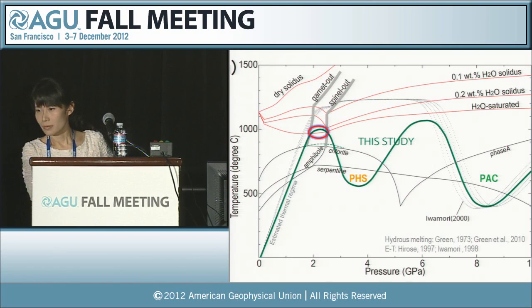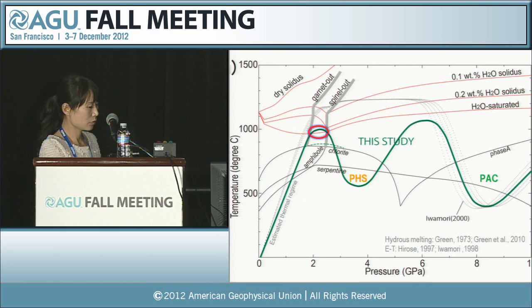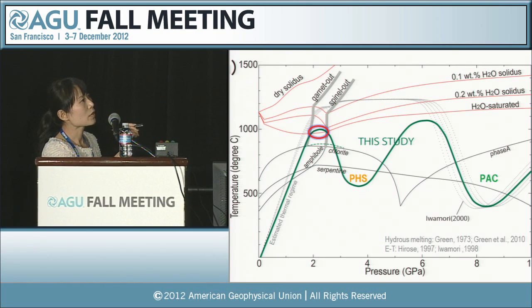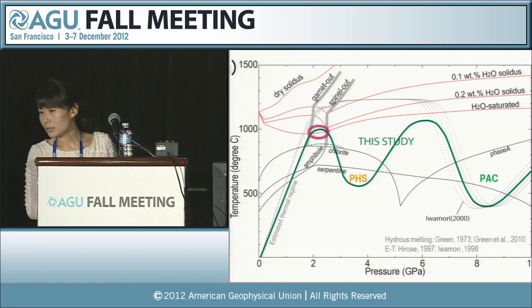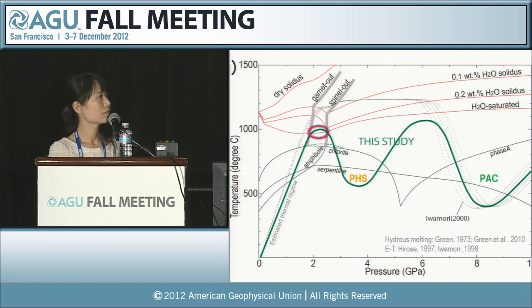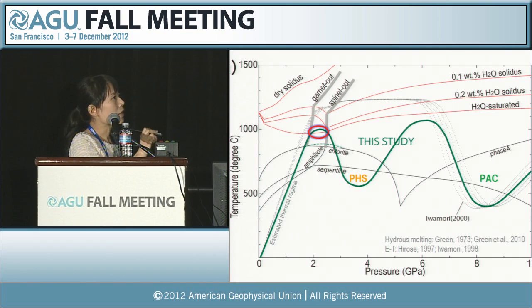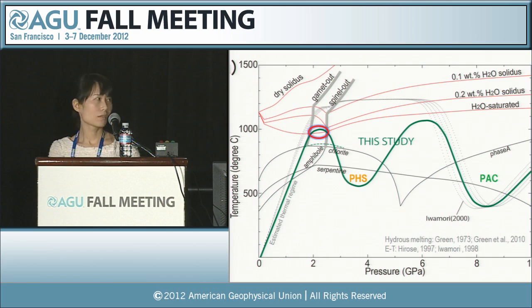Maybe this figure is like you suggest. You mentioned this 800 degrees for melting. Our study only gave a strong constraint for depth due to trace element signatures.